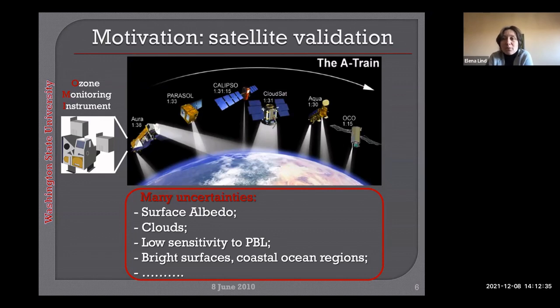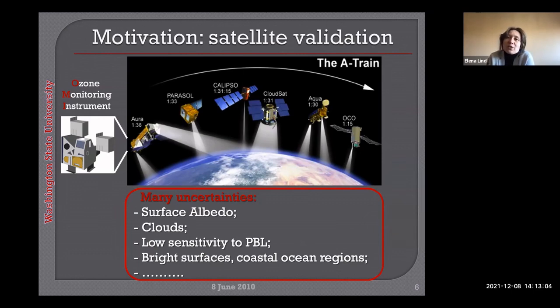The first one was GEMS, hovering over Asia. The next one will be TEMPO, an American instrument that will be hovering over North America, and then there will be the European Sentinel-4 that will cover the European section. So in those cases, we are going to have hourly averages of the pollution distribution.